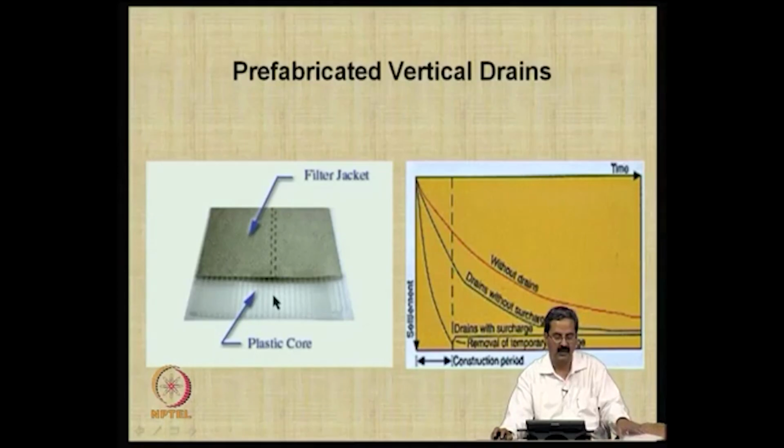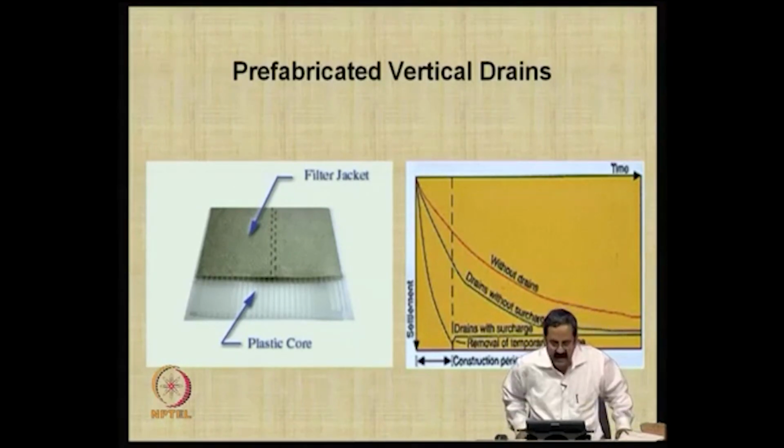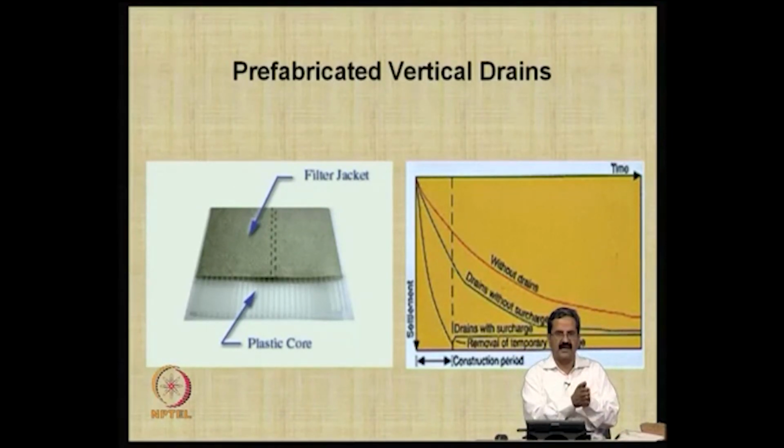As I said, it has a filter jacket and a plastic core, and these act as the drainage channels. I must tell you the difference. Sand is one thing that you can normally use for sand drains. The advantage of sand drains is that if they are cheaper and economically viable, it is alright.